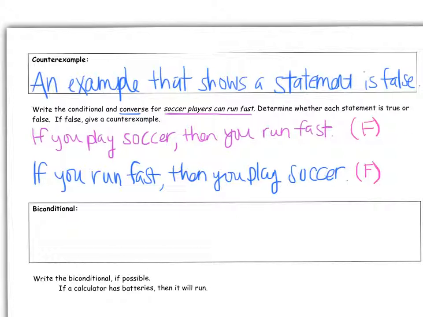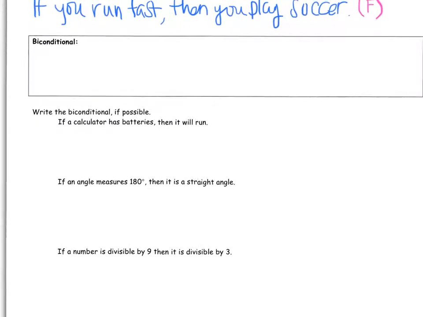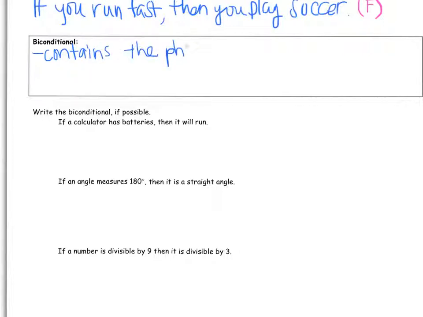All right. Last thing that we are going to talk about today is what we call a biconditional statement. This is a statement that contains the phrase if and only if.